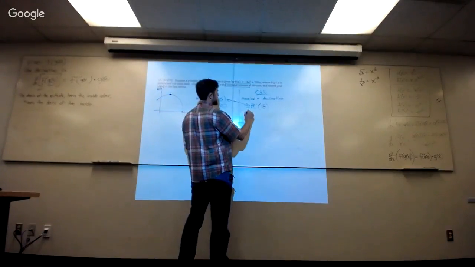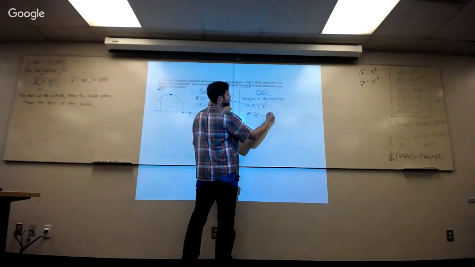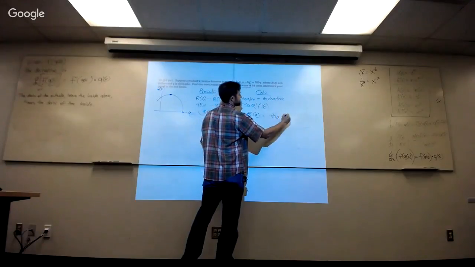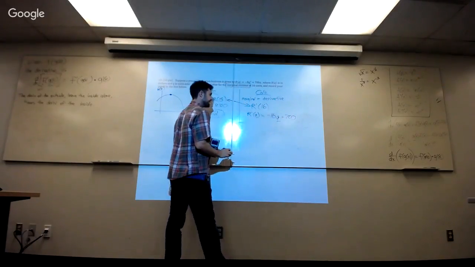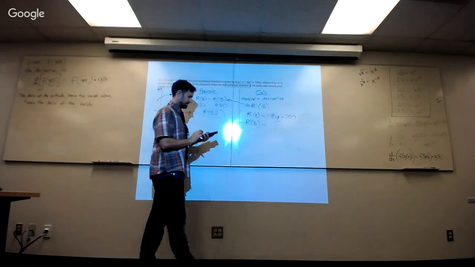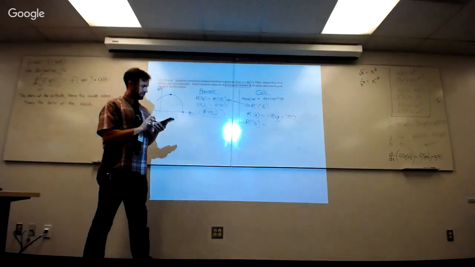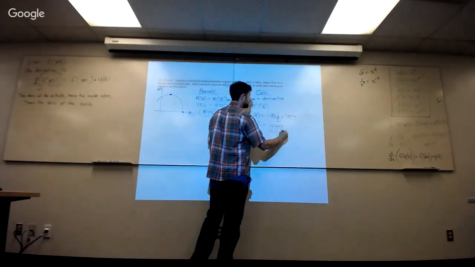So let's go ahead and first calculate R prime of Q. What's the derivative? Negative 16Q plus 700. And so R prime of 16 would be 444.